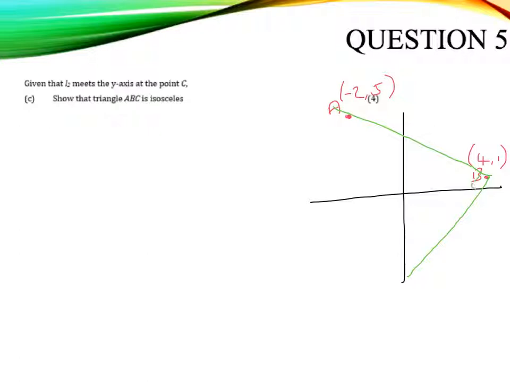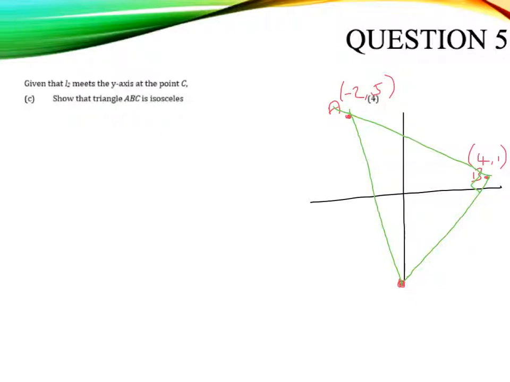And we've now found another line perpendicular to it, so at right angles here, and we've got another point down here, which is C. What we're being asked to do is work out whether this is an isosceles triangle or not. For this to be an isosceles triangle, there's going to have to be two sides that are the same length, and the base angles are going to have to be the same.